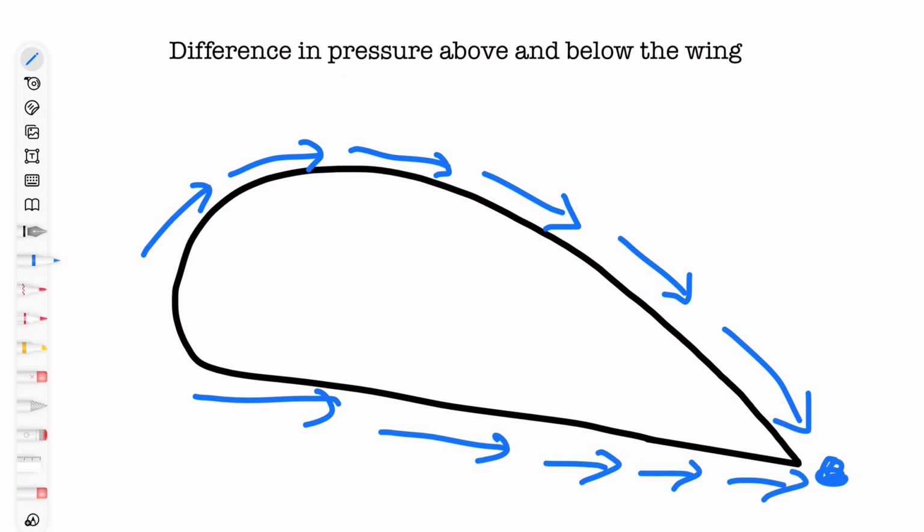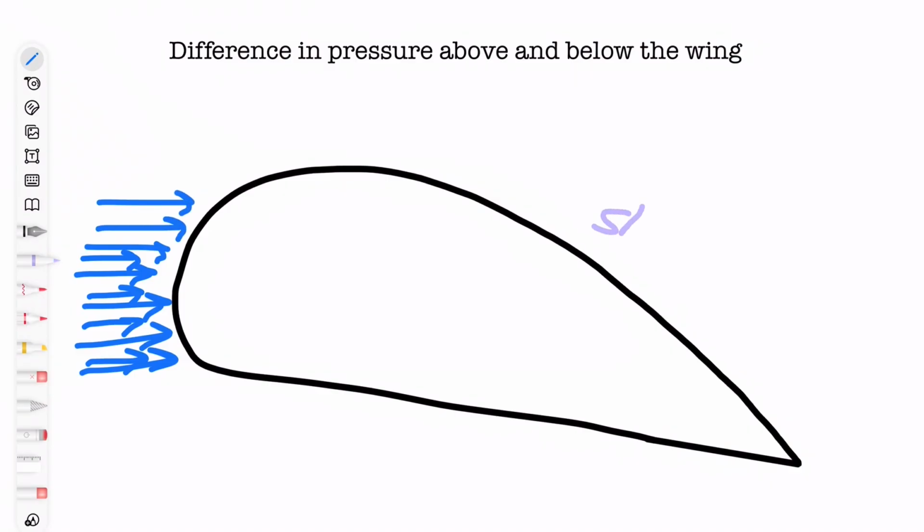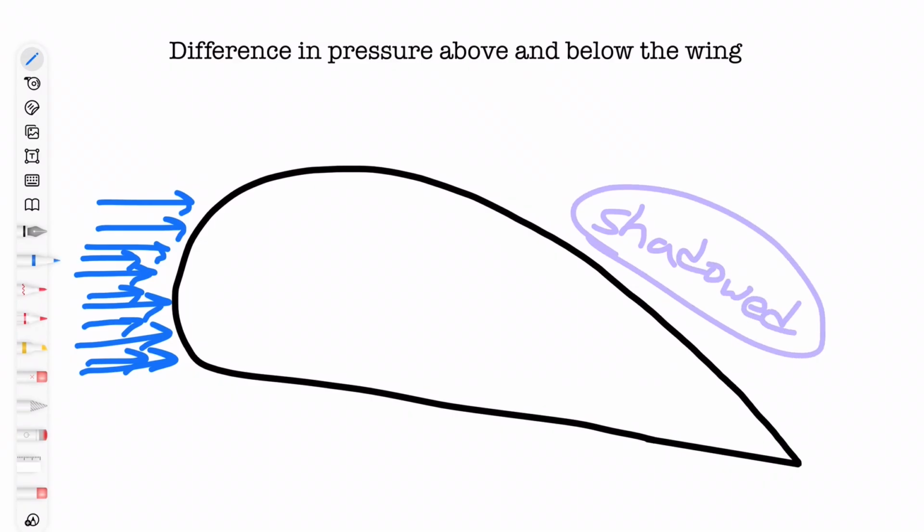Let's find out why. As the thick front of the wing meets incoming air, it compresses it, creating a high-pressure region. But farther back, on the top of the wing, the surface curves away from the flow, shielding that area from the air, creating a kind of vacuum or low-pressure shadow. The difference in pressure between these two regions drives the airflow as it rushes to fill that shadow.